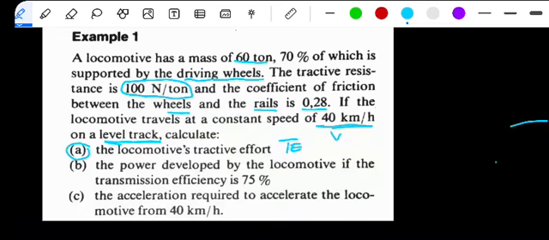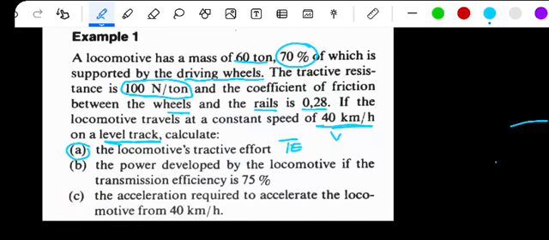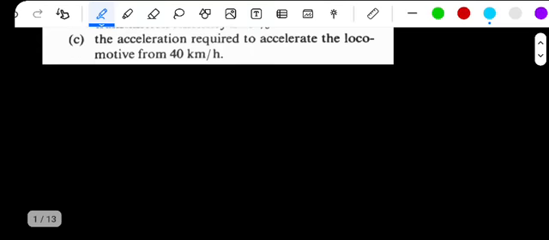Check, and then we have been given 70% of what? Of the driving wheel. If you have been given that, guys, from your N5, if you still remember, we want tractive effort.